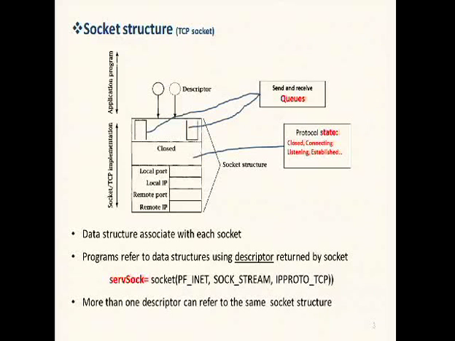Once we have the descriptor, we can do whatever we want at the application level. But we need to know at the TCP level what's going on. The first thing you can see at the top is the descriptor, the variable that you get back when you call socket. And you can have multiple descriptors pointing to the same TCP structure.